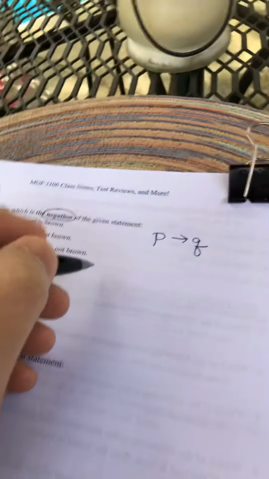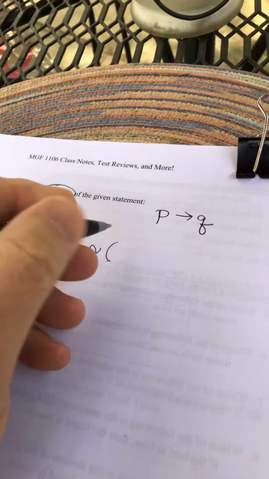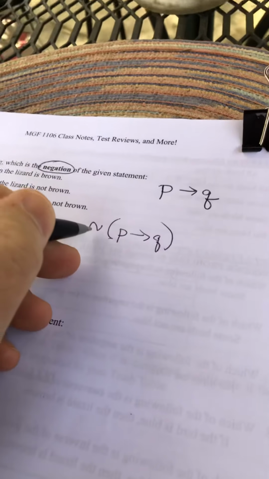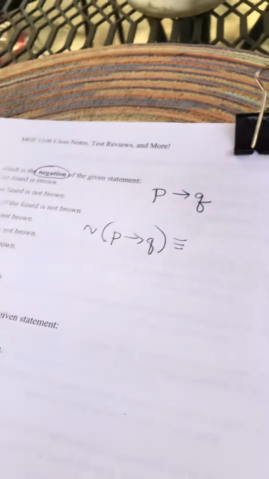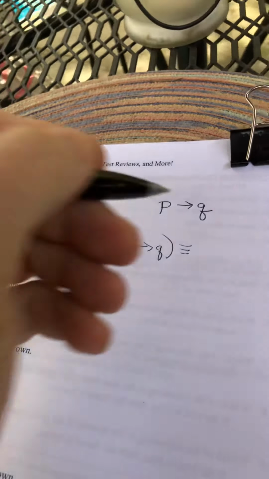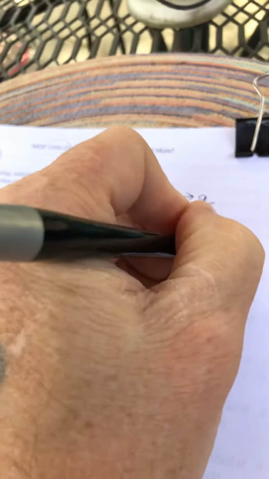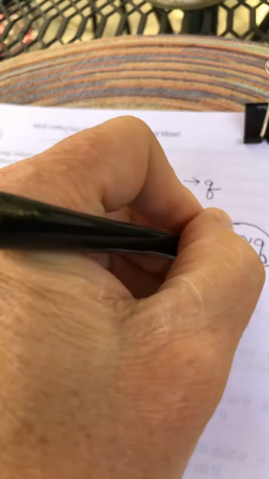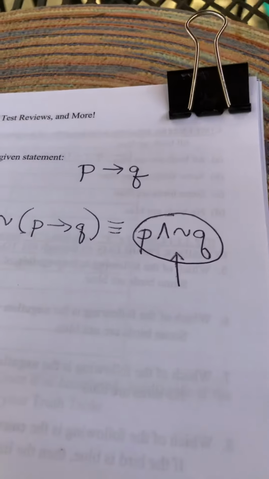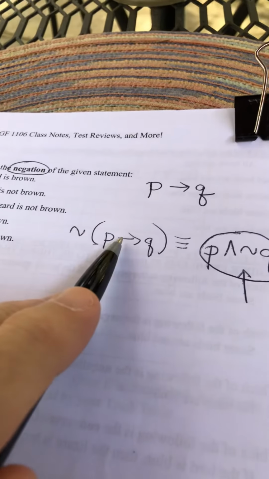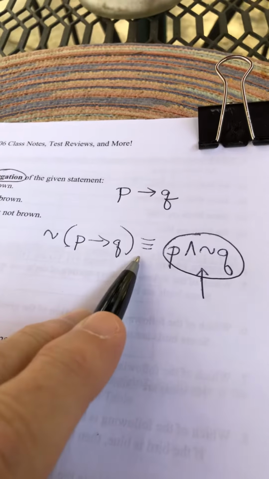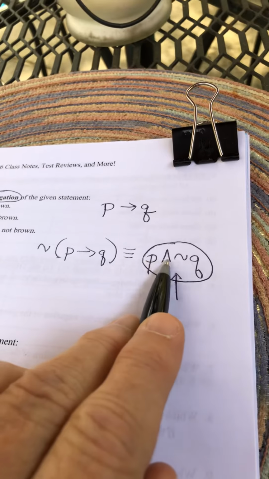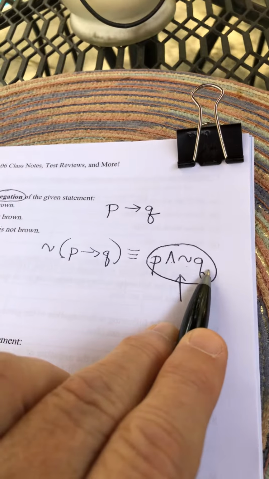I think what you'll find is that the negation of the conditional is logically equivalent to P and not Q. So this is the pattern that we need to follow. To negate the conditional, we turn it into the statement P and not Q.